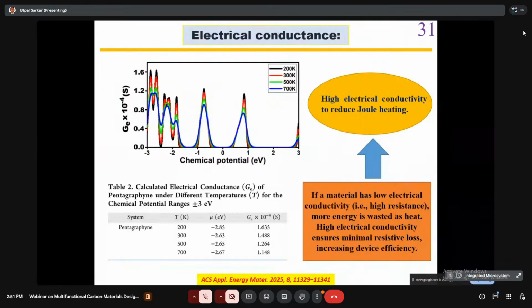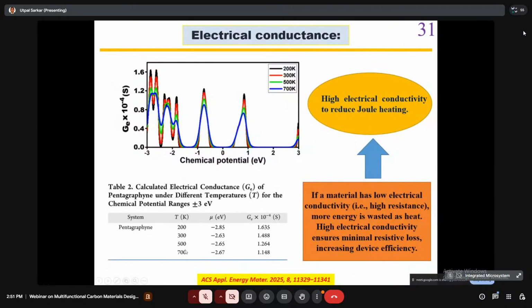This is the electrical conductivity. You see at different temperatures we have calculated it. The electrical conductivity is higher for 200 Kelvin, and then for 300, 500, 700 it is decreasing in order.